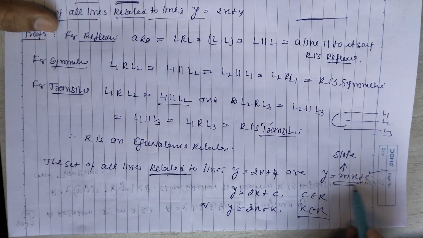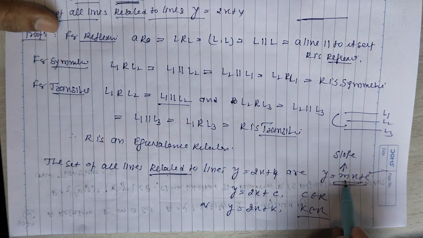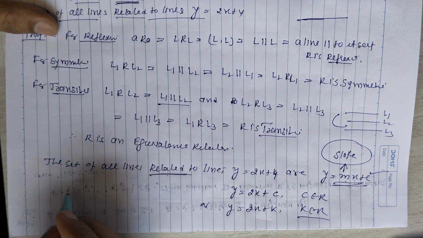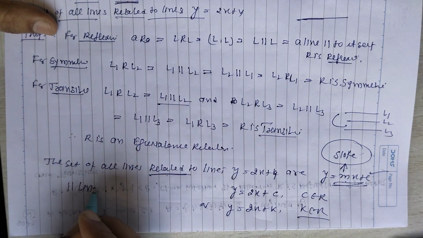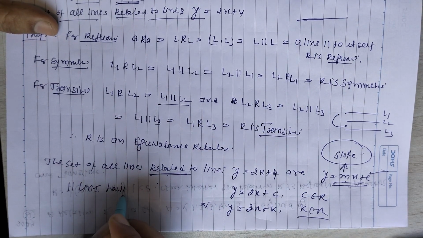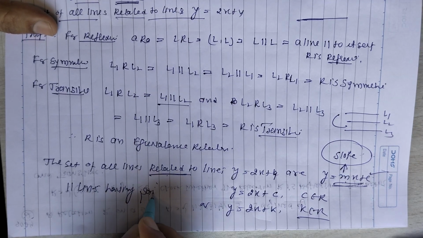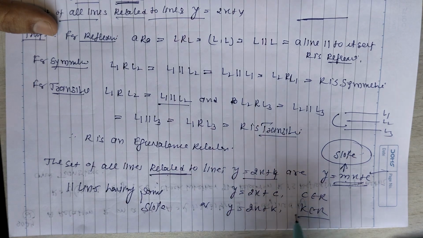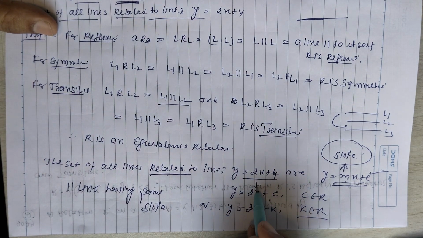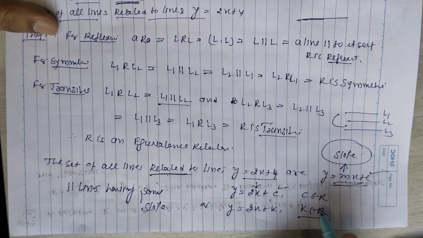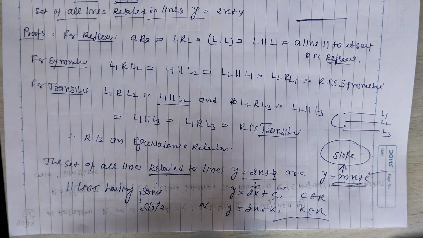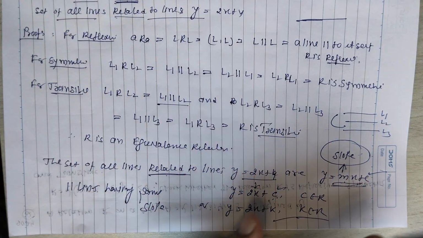Related means parallel, and parallel lines have the same slope. So any line related to 2x plus 4 has the same slope. So 2x is the same, and the constant is replaced by any c or k, whichever you are comfortable with. Clear? Next question.